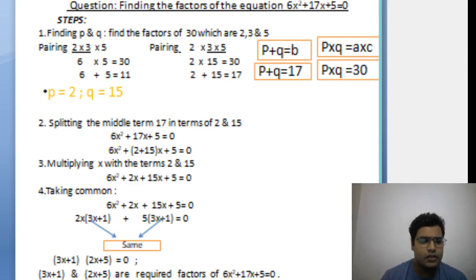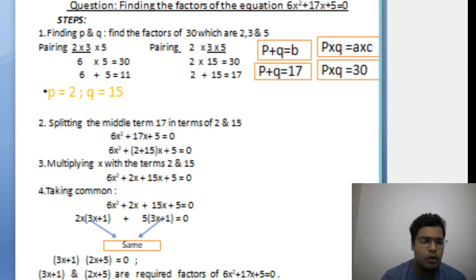So the equation becomes 6x square plus 2x plus 15x plus 5 equals 0.